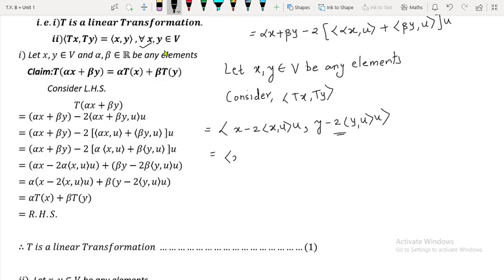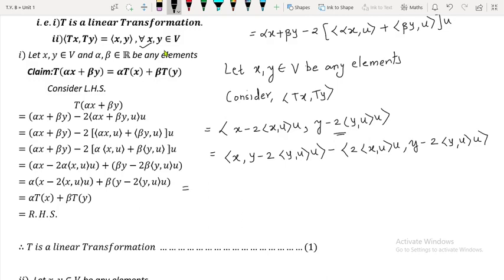So it will be inner product of x with y minus twice inner product of y with u, outside it is u, minus, inside the bracket, twice inner product of x with u, outside it is u, and the second coordinate is y minus twice inner product of y with u, outside it is u.